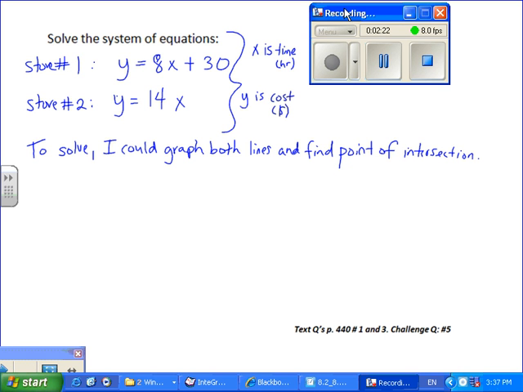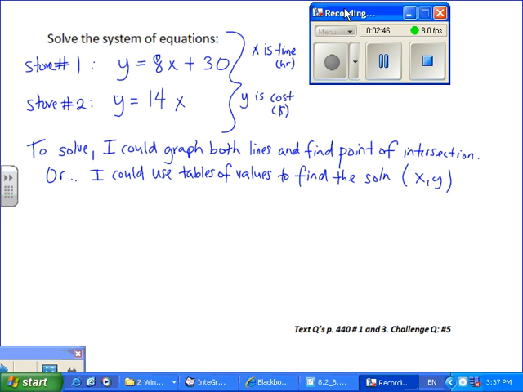Or I could use tables of values to find the solution. Remember that the solution is a point (x, y) that is the same for both of these equations.